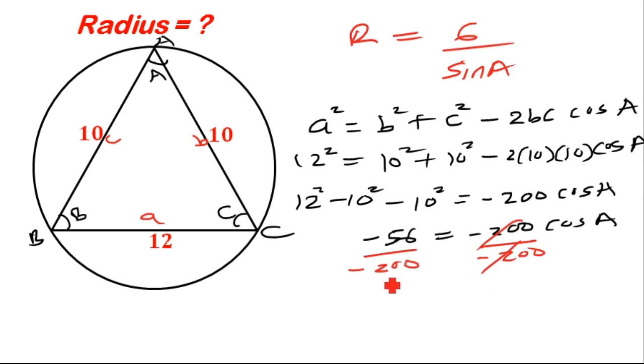Negative 56 over negative 200 is 7 over 25. So 7 over 25 equals cos A.